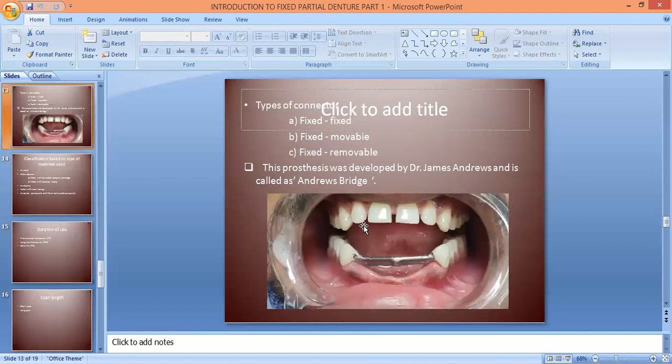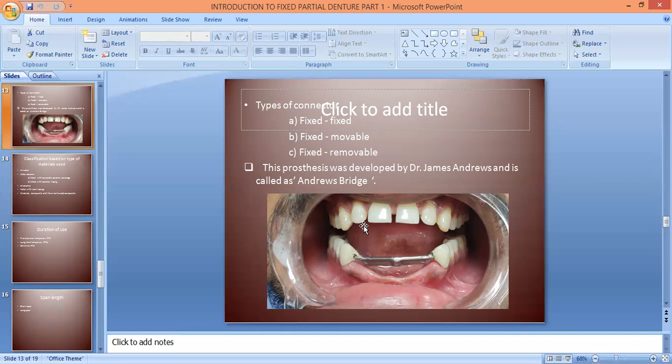Now, depending on the type of connector, you have fixed, fixed movable, and fixed removable. In fixed, the connectors on both sides of the pontic are rigid with no movement. In fixed movable, one of the connectors is non-rigid, and it's called so because it allows some movement between the pontic and the abutment, for example, a pier abutment.